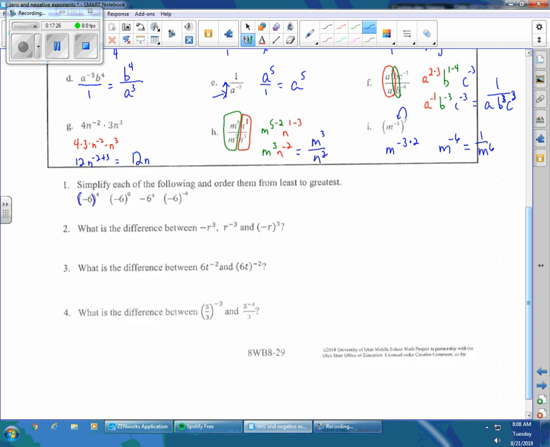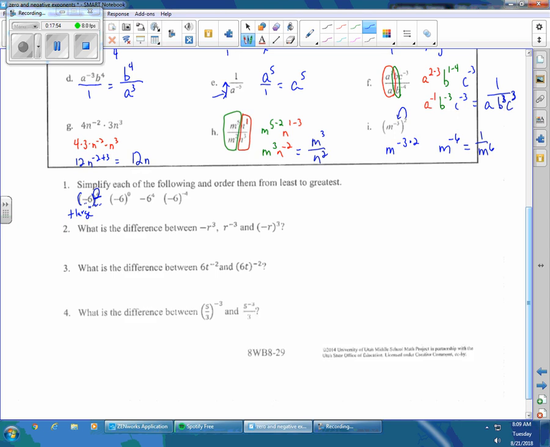If the parentheses are there, it means the exponent is taking the negative 6 times negative 6 times negative 6 times negative 6. So that's going to be a positive number, because a negative times a negative is a positive. If it's an even number up here, you're going to end up with a positive answer. So this is going to be a positive answer, and it's going to be quite large.